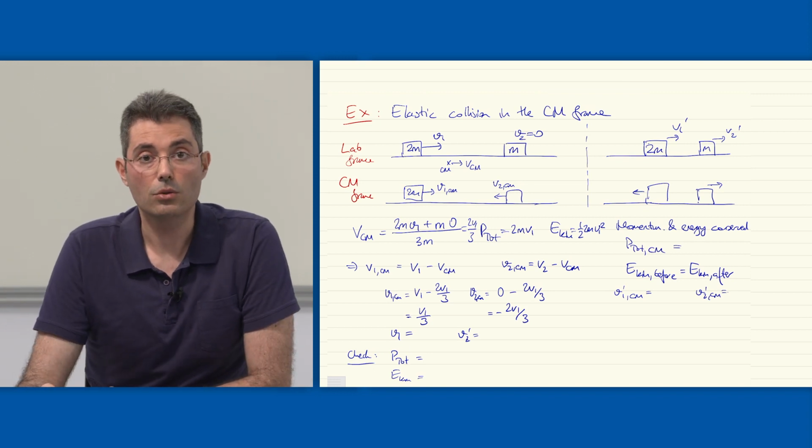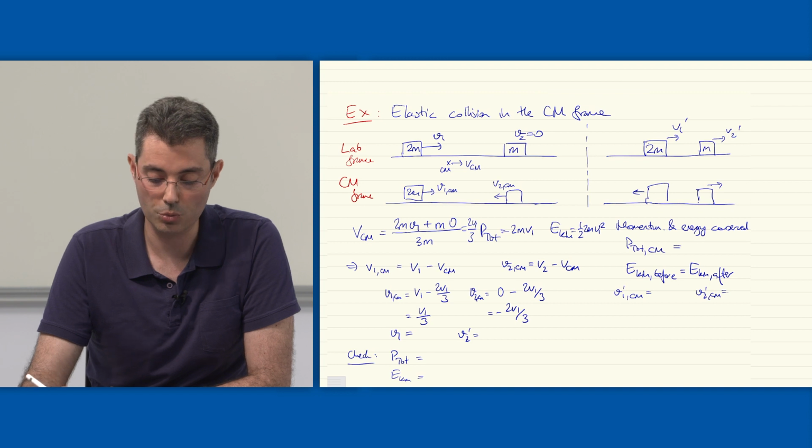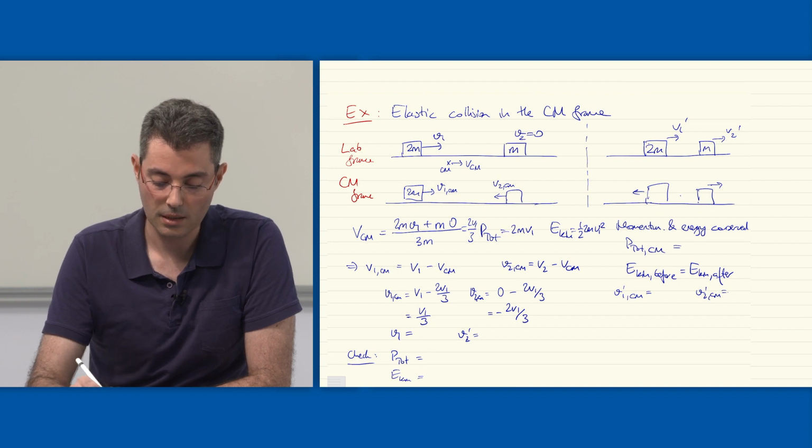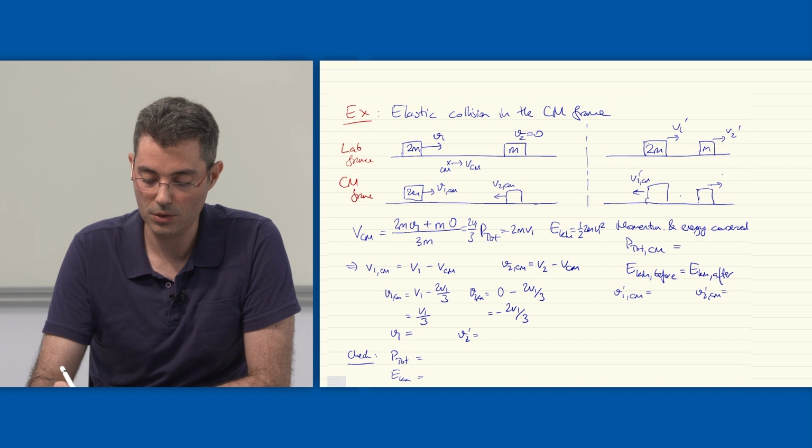So how am I going to find the velocities after the collision? After the collision, let me denote these velocities with primes, v1 prime and v2 prime. In the center of mass frame, I'm expecting them to go in opposite directions, with v1 center of mass prime and v2 center of mass prime.